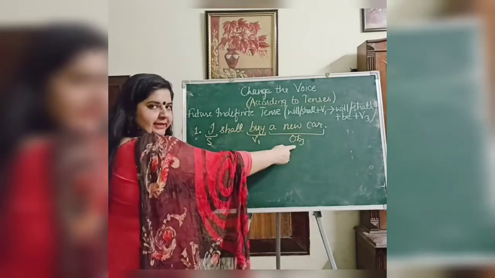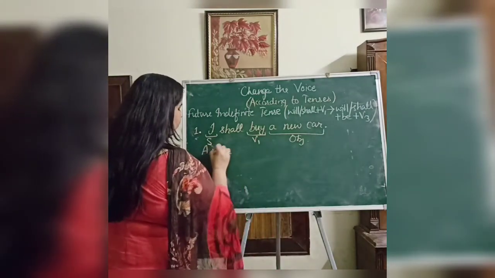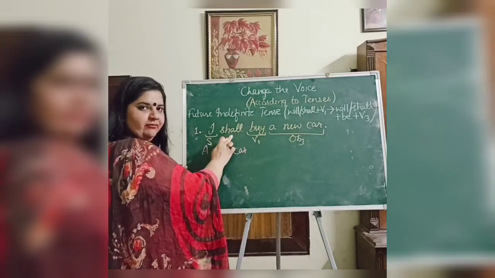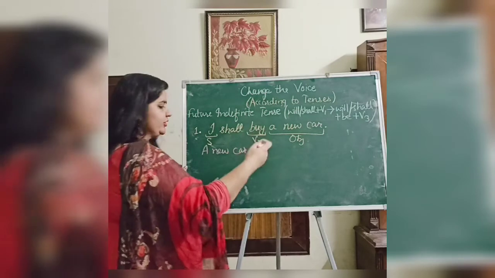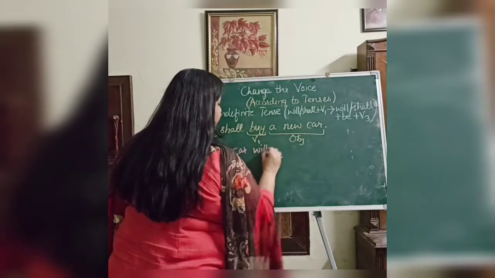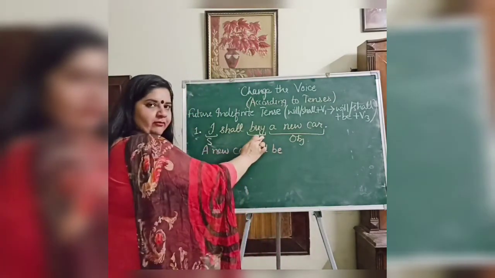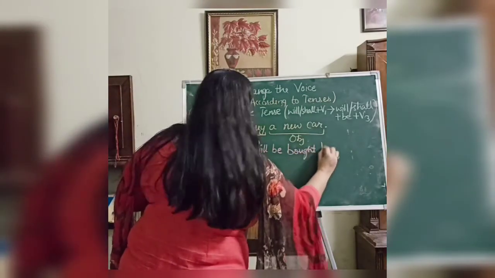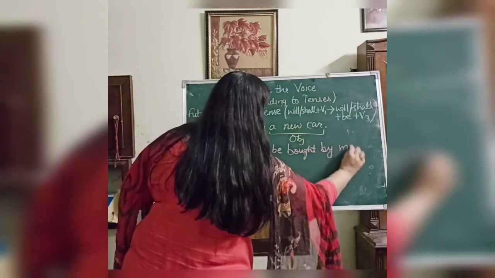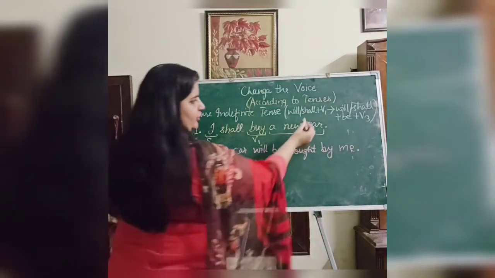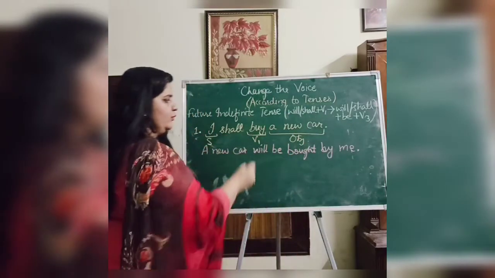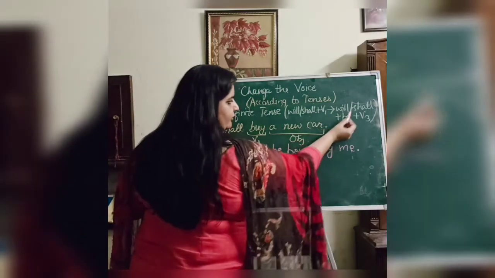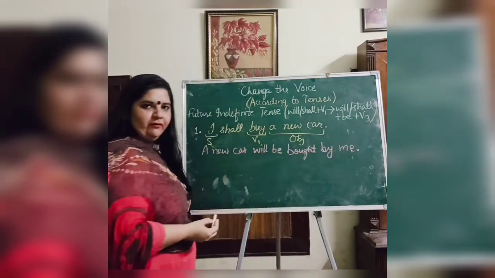First of all, take object in the beginning. A new car. Now, will or shall will be replaced by will be or shall be. A new car will be bought by me. Easy? So here will or shall will be with first form of the verb. But in passive, will or shall will be followed by be and third form.